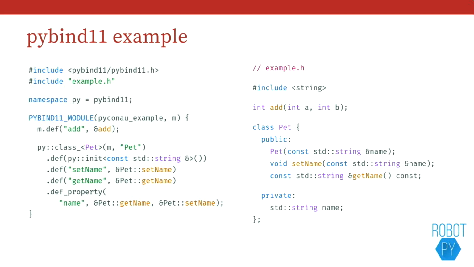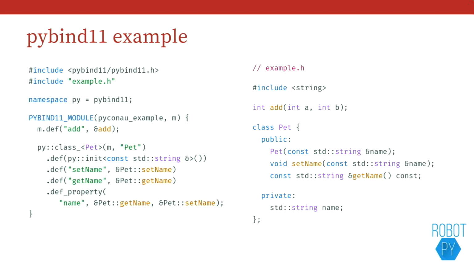And then we have this pet class. So we say, I want a class called pet. We put that on the module, and it corresponds to the C++ pet class that you can see.